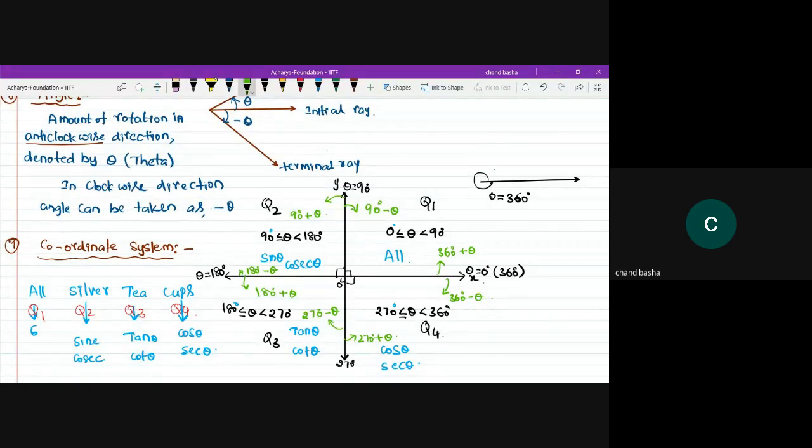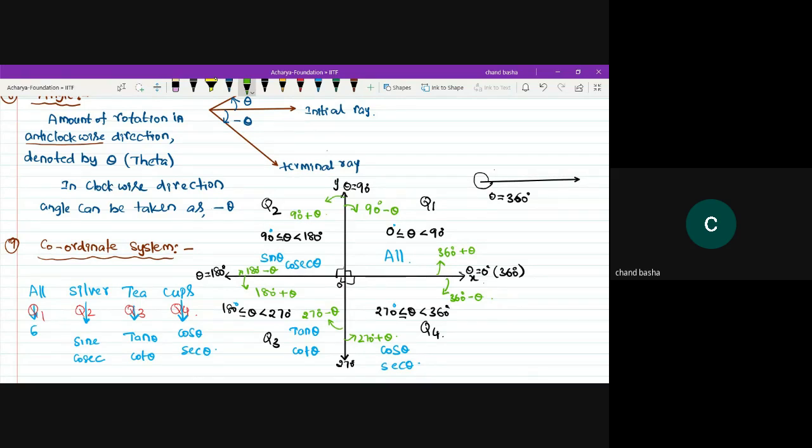These are the important concepts to remember. While we are solving problems, this concept takes an important role. There is 90 minus theta, 360 plus theta, 90 plus theta, because on a vertical line, 90 and 270 are given to you.